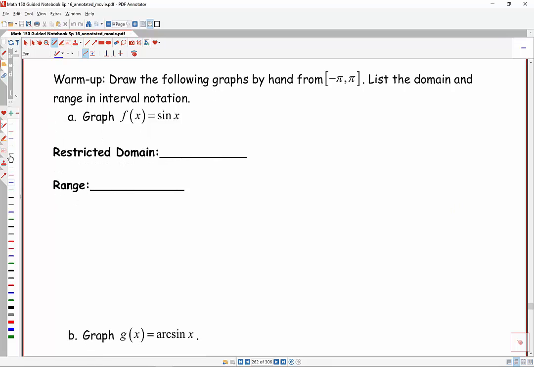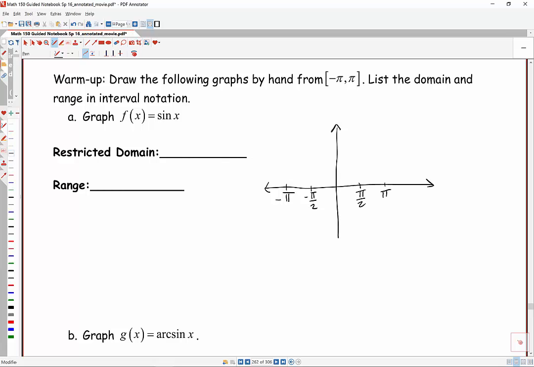So here we go. We've got our graph going from negative pi, that would be negative pi over 2, and then pi over 2 and pi.